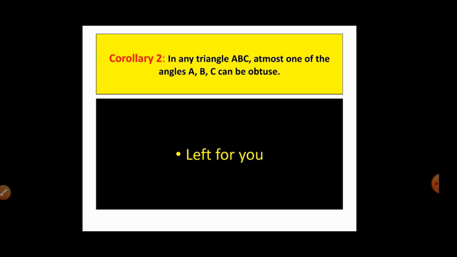If two angles of a triangle are obtuse, then their sum must be greater than 180 degrees, because obtuse angle means greater than 90 degrees. But from theorem 4 we know that the sum of any two angles of a triangle must be less than 180 degrees. So in any triangle more than one obtuse angle cannot be possible, and both the corollaries are left for you.